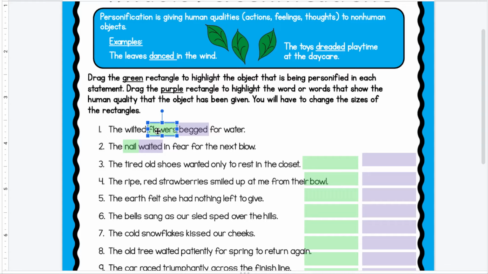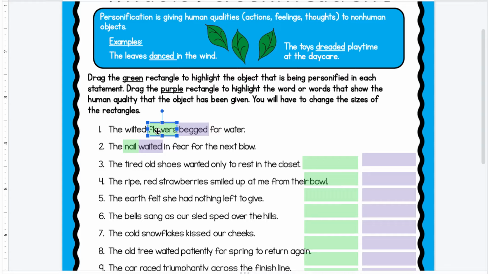They don't have words. They can't ask you for something, right? So flowers begging for water, that begged is the human characteristic that they gave the flowers. This allows the reader to visualize the urgency, the fact that they really needed the water. So it just intensifies the author's words.